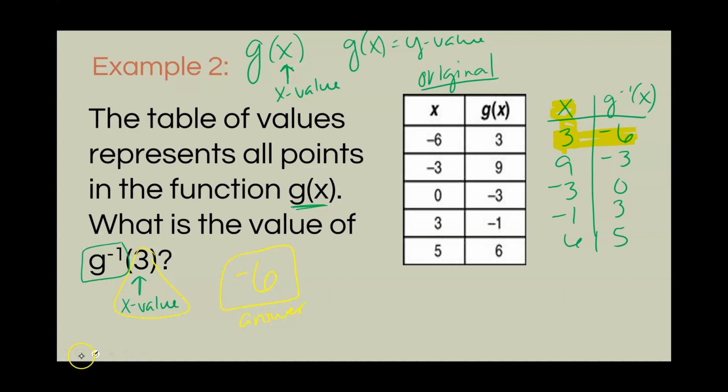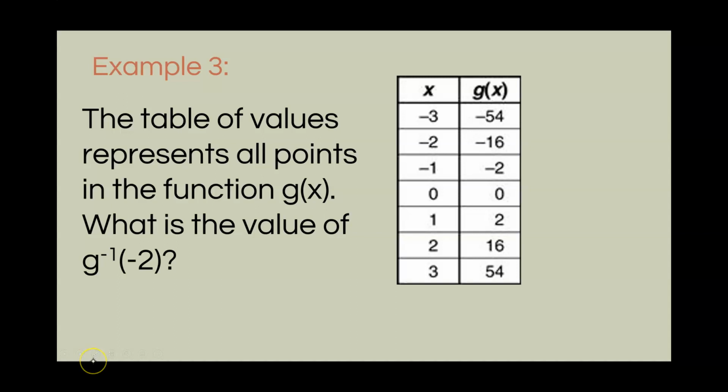All right, let's do another one. It says the table of values represents all points on the function g of x. So this is my original. And it says on the inverse graph, when x is 2, what is y? Before we can answer this question, we have to make the inverse table. To make the inverse table, we are simply going to switch our x and y's.